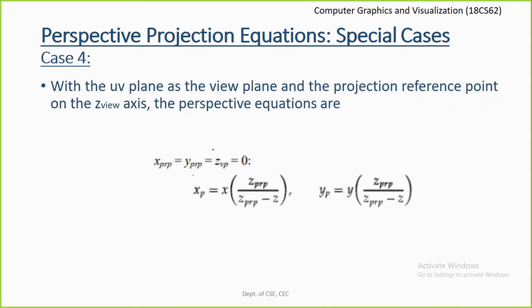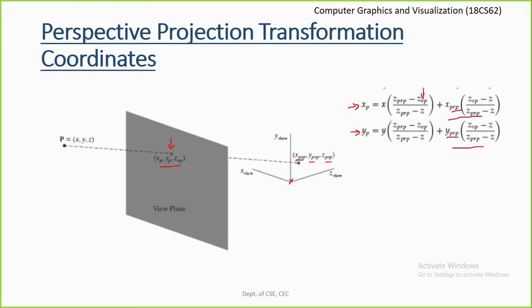It is basically a combination of case 1 and case 3. If both these conditions are true, then we get one more new case, which is case 4, where XPRP and YPRP, the x and y coordinates of the projection reference point, will be equal to 0. Along with that, the z coordinate of the view plane, that is ZVP, will also be equal to 0. Now if you substitute these values in these equations, how will the equations change?